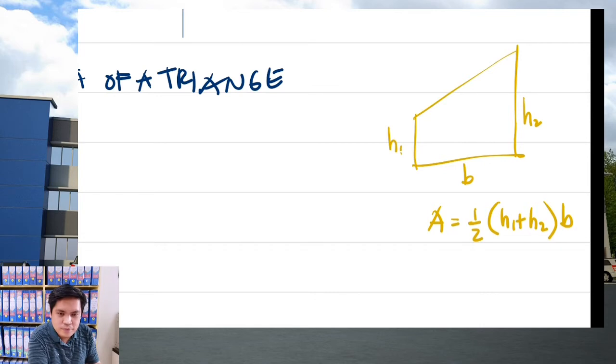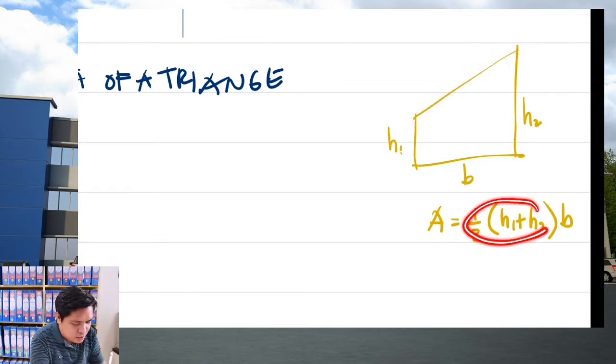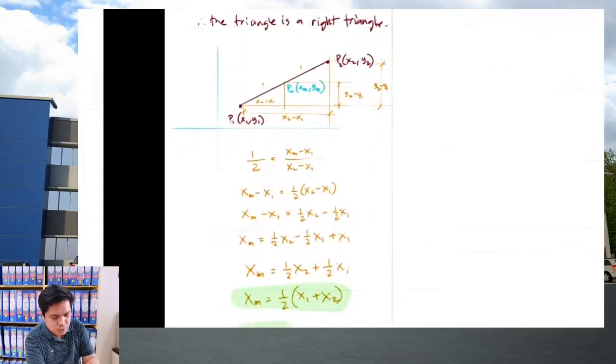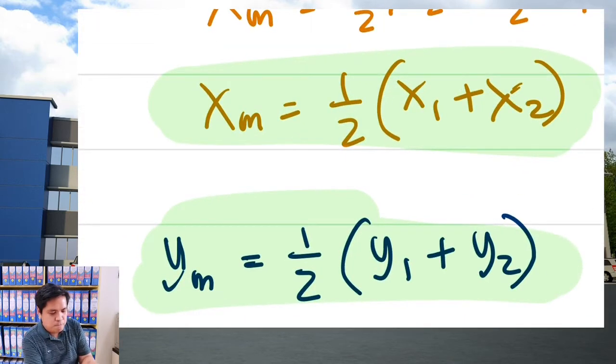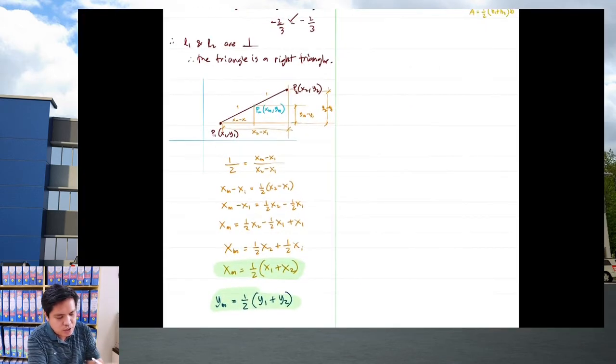Yun lang. That's it. And if you notice again, this is actually the midpoint, no? This is the ordinate of the midpoint of this line segment. That is very similar to what we have derived in the previous discussion.